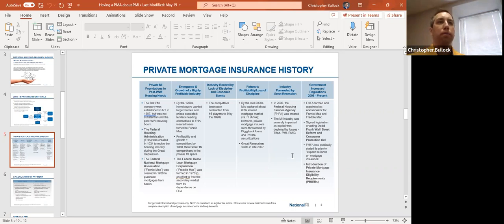That just was not an option. If someone was putting less than 20% down, they either had to go non-conventional route or FHA, VA, government backed. So it's nice now that we don't have to deal with those kind of archaic requirements, and people that are pretty well qualified can get the home that they want.